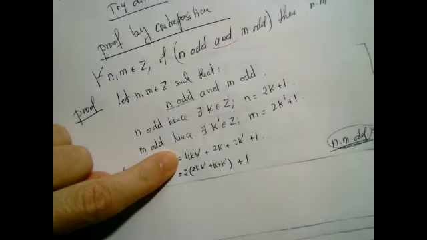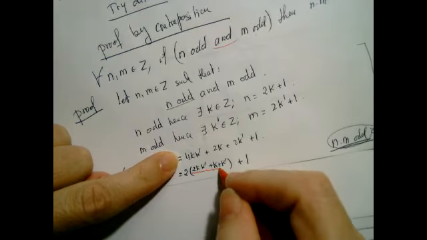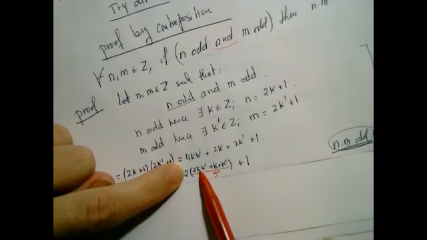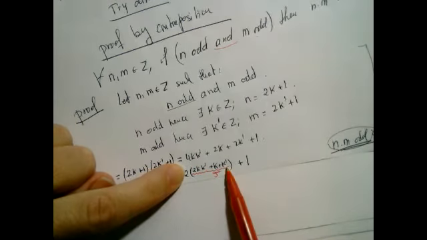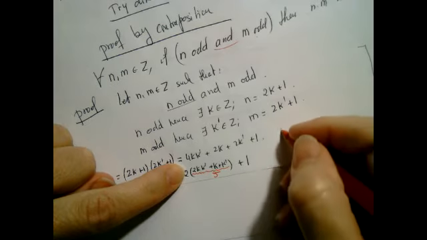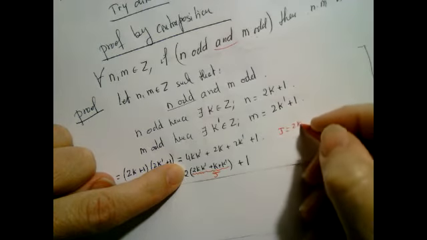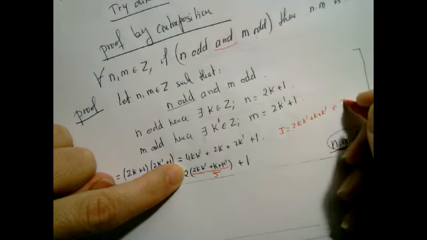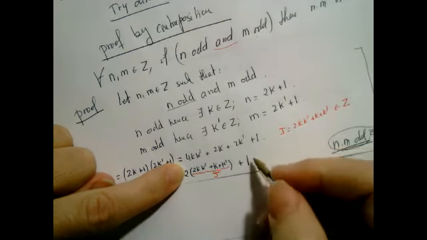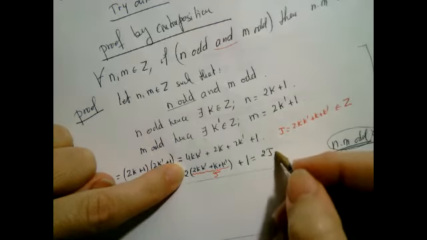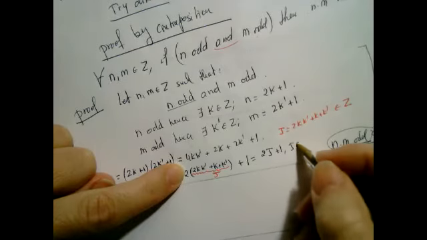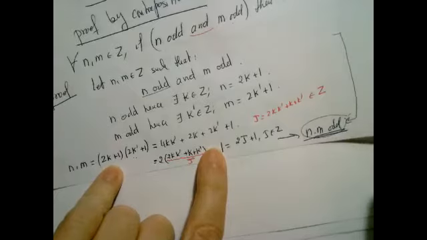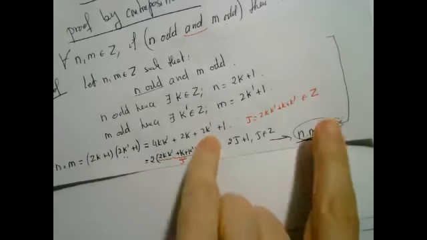Now, this is an integer. We have no second thought about it because a product of integers is an integer and the sum of integers is an integer. So now we're going to write j to be what we think it has to be. This is absolutely an element of Z. So this is going to be equal to 2j plus 1, j in Z. So hence, nm is odd, basically by definition of odd.